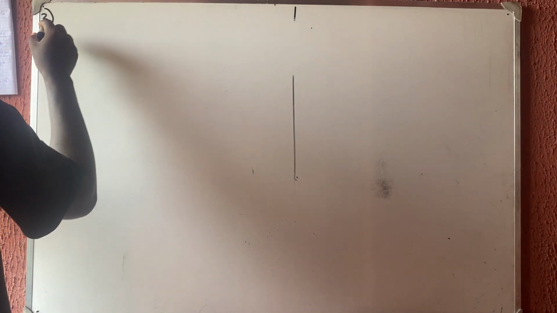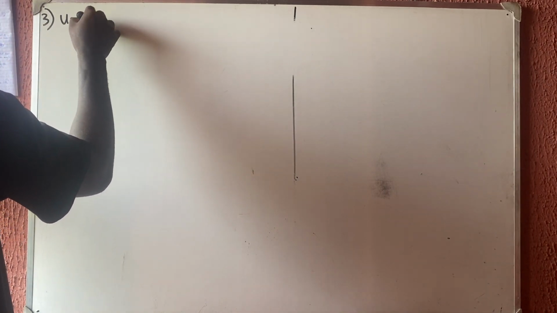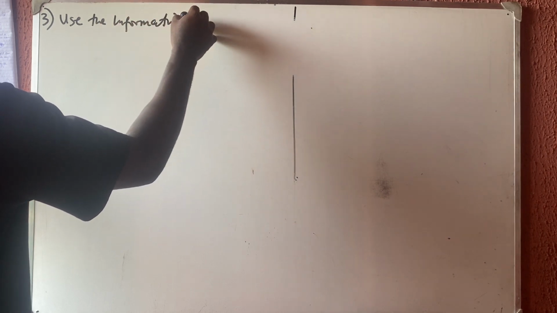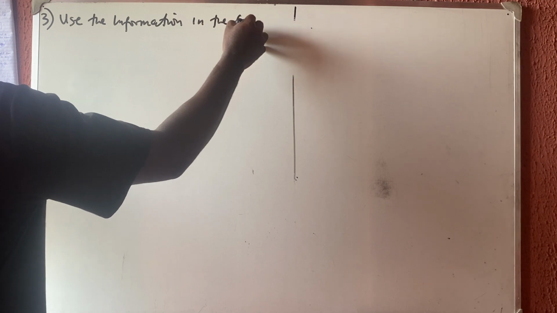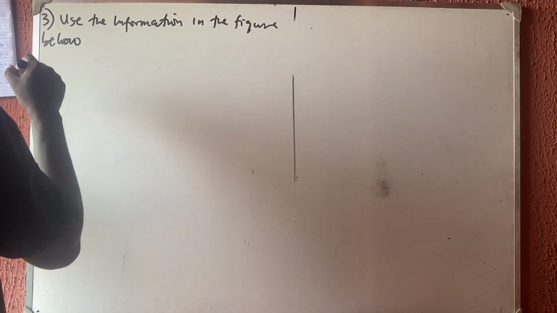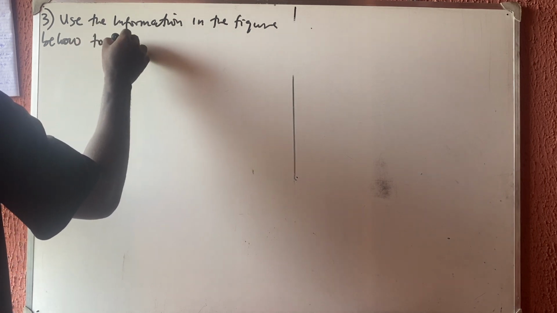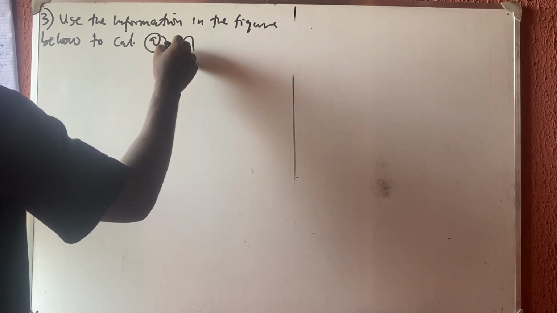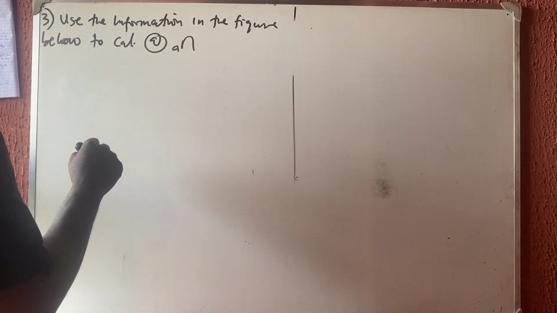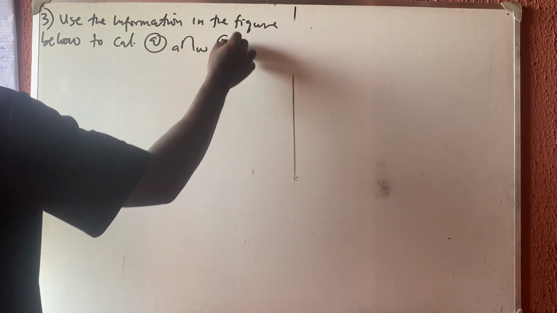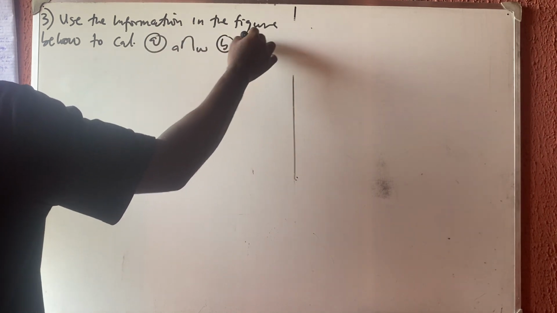All right. So question number three said, use the information in the figure below to calculate the refractive index from air to water, and theta.